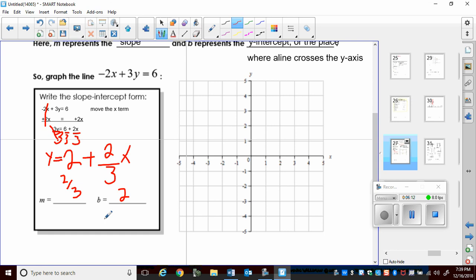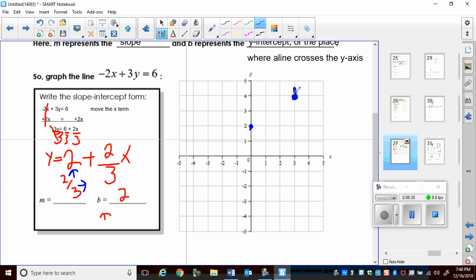So I'm going to start at this y-intercept here, and I'm going to do that in blue. I start at 2, here's my y-intercept. My pattern is up 2, right 3, and make a point.